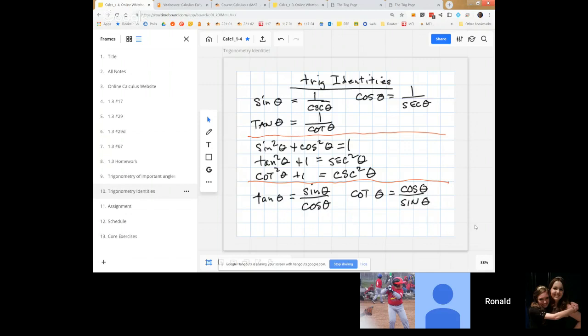I probably don't need to show you that, but there are many others. There are double angle identities, there are half angle identities. I mean, there's an infinite number of trig identities. These 8 we have here are what I would call the basics, and you would want to have these handy as you navigate trigonometry.